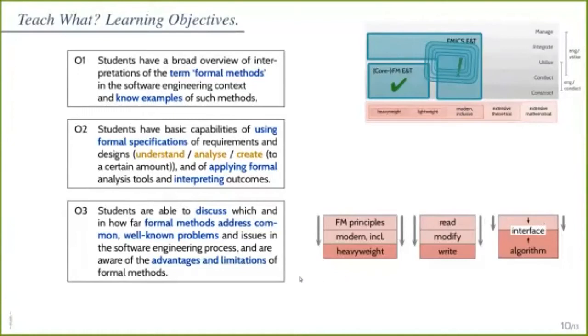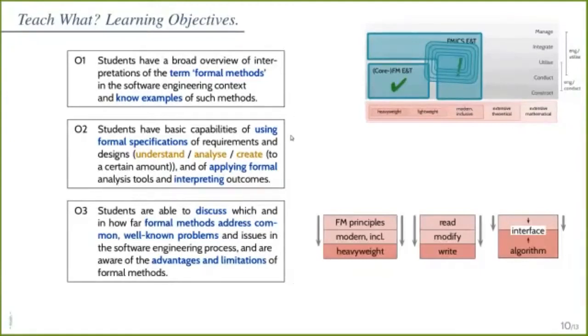So here on the left is a proposal of a wording for three learning objectives that we work with. Let us only gloss over them. The wording and the thorough discussion are in the paper. The first one is related to the first and second box, so explicate the term formal methods and provide a good number of examples to substantiate or illustrate this interpretation.